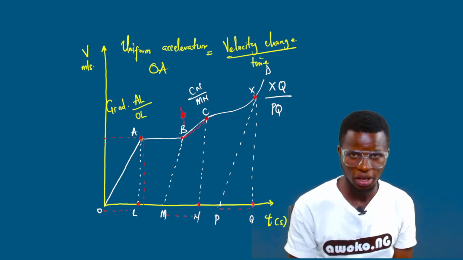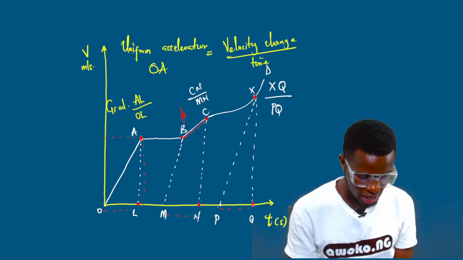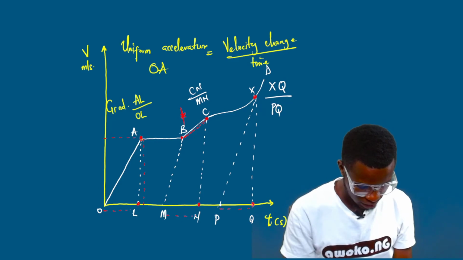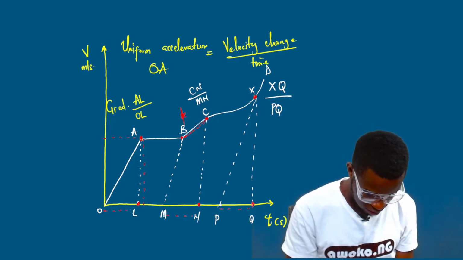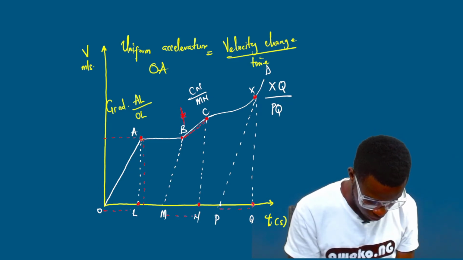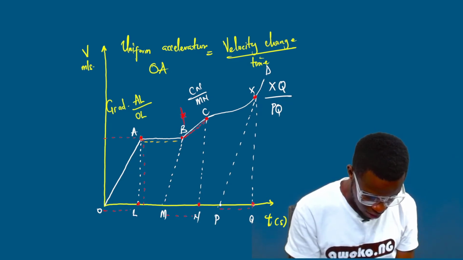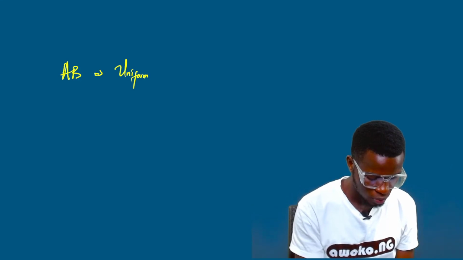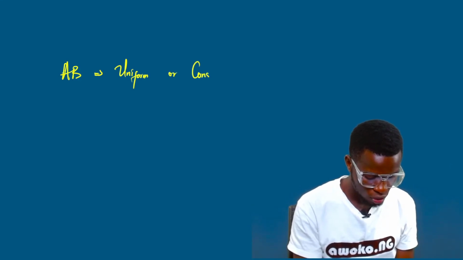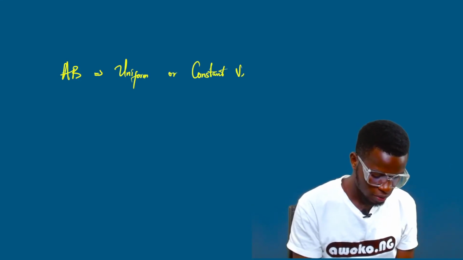From the graph we have over here, where can we locate AB? This is AB. AB is seen as a uniform or constant velocity.